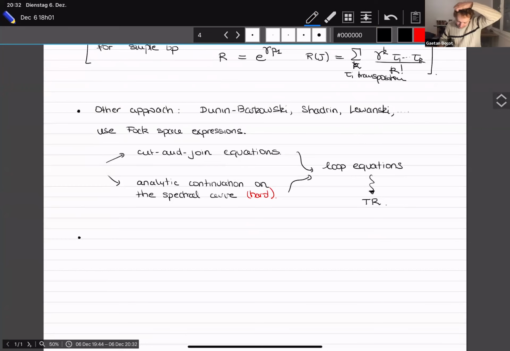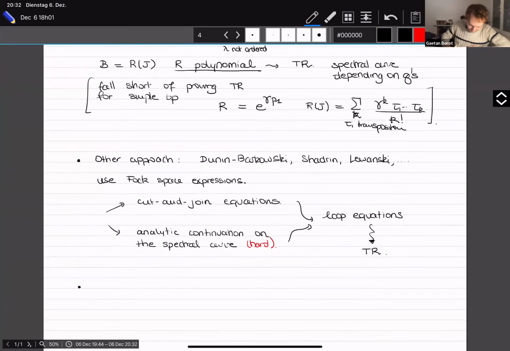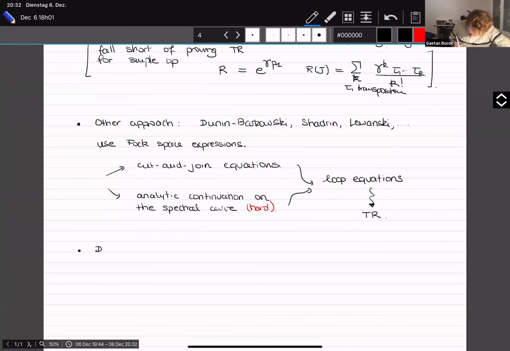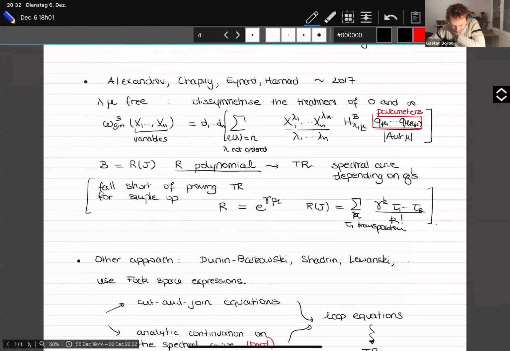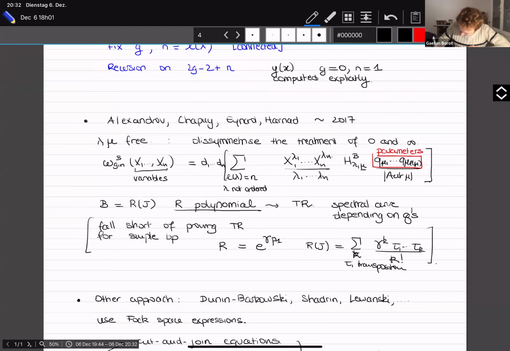So at this point, we tried, so this was a work with Do, Lewanski, sorry, Karev, and Elena Moskovsky. So we tried to adapt those techniques to tackle this case.